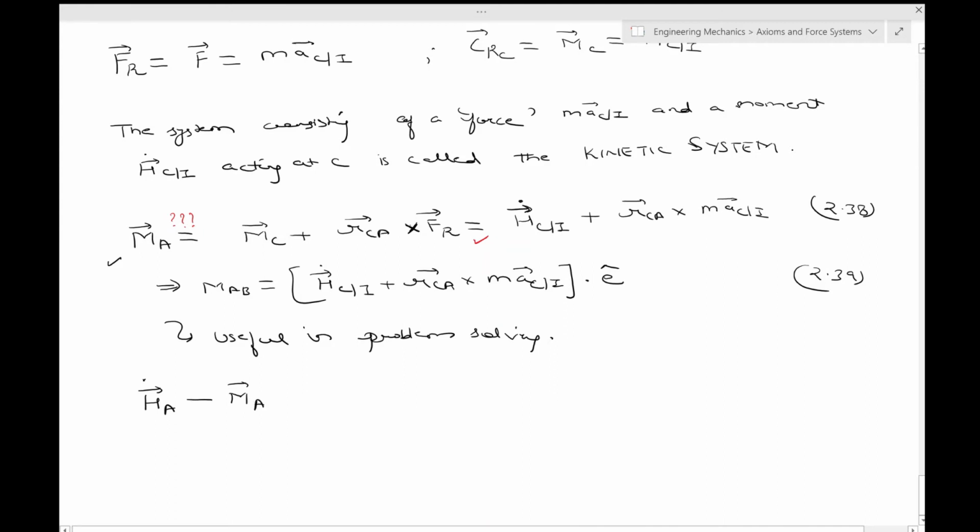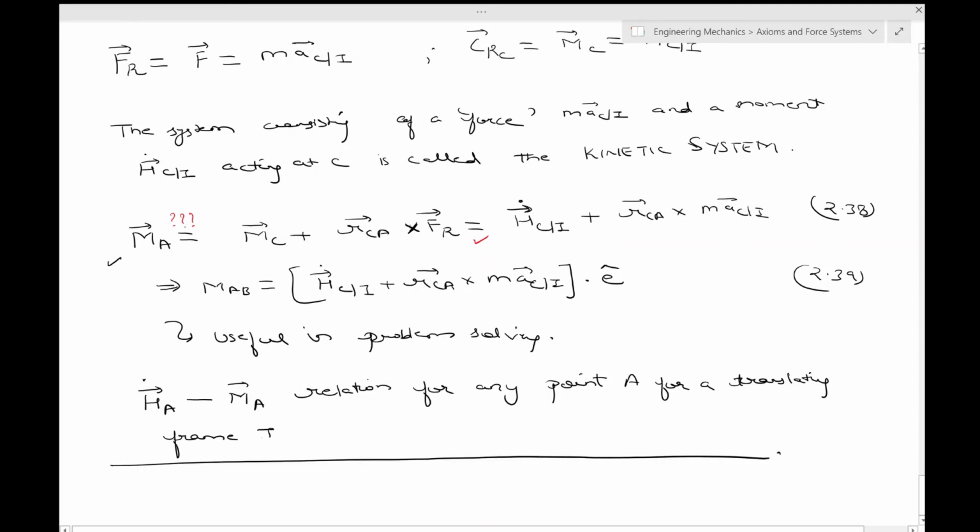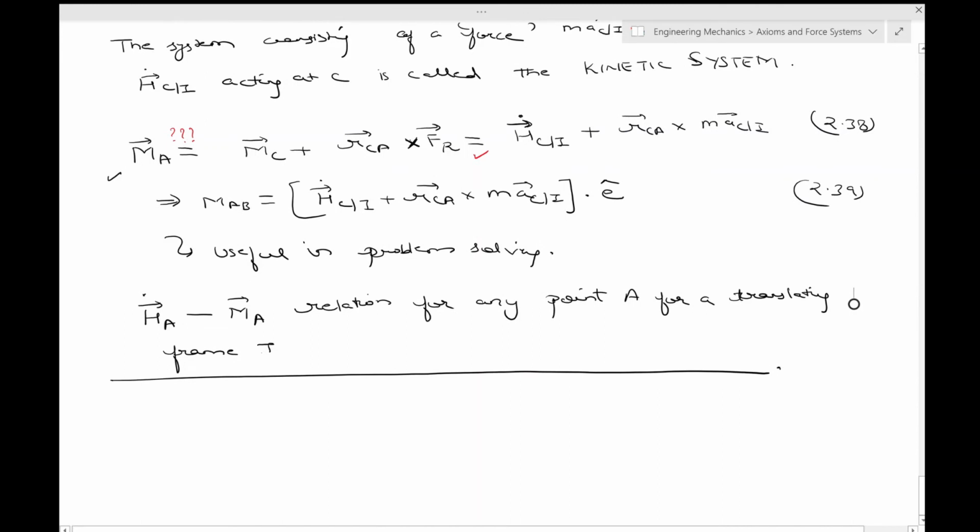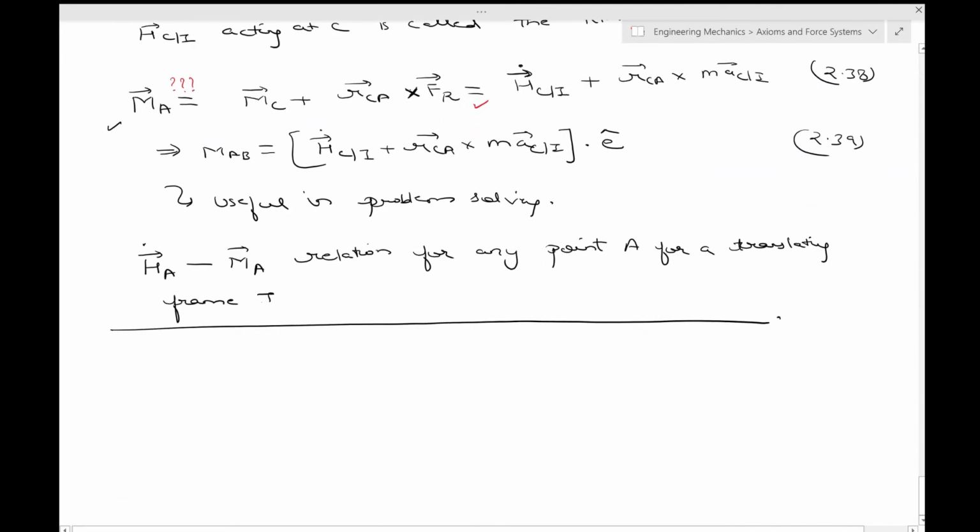H A dot is an M A relation for any point A for a translating frame T. Okay, for this you remember we have had discussions about a translating frame T earlier, so many of those properties we'll be using over here.